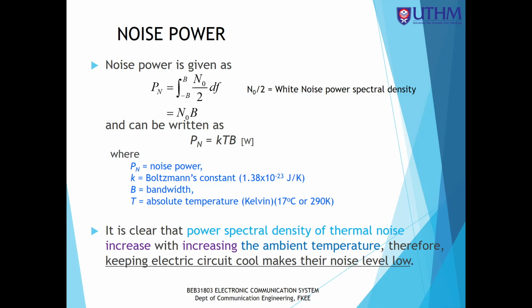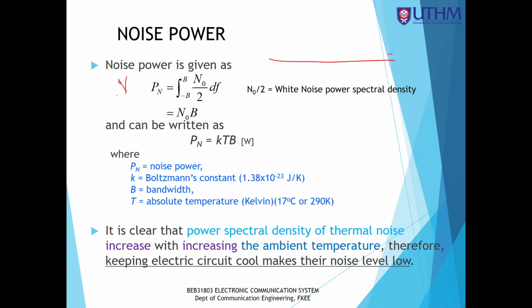Noise power. So how to calculate the noise power? Noise power Pn or N. You can write Pn or N, and if you want to write just N, it is also okay. It is equal to the integral from minus B to B, because it depends on the bandwidth.